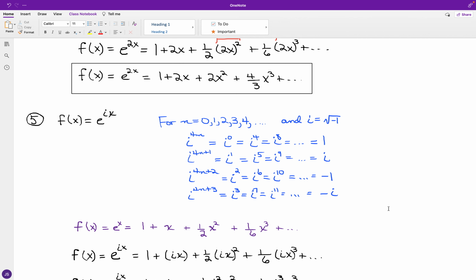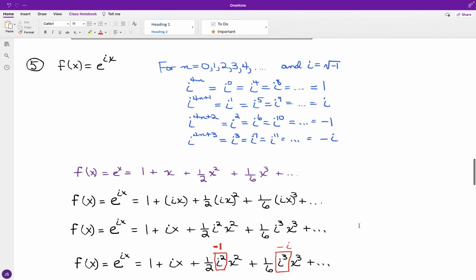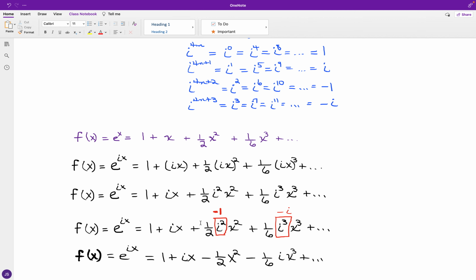And in the case of e to the ix, if I take the e to the x Maclaurin series and replace x with ix, I have 1 plus ix plus half of the square of ix plus 1/6 of the cube of ix. Notice in expanding, you have 1 plus ix and 1/2 of i squared x squared.